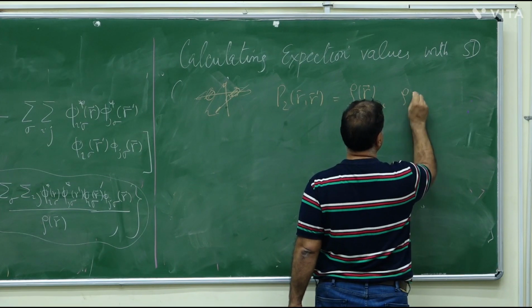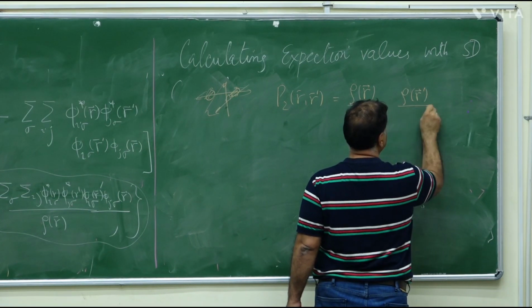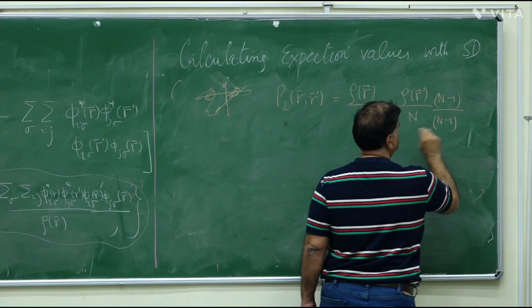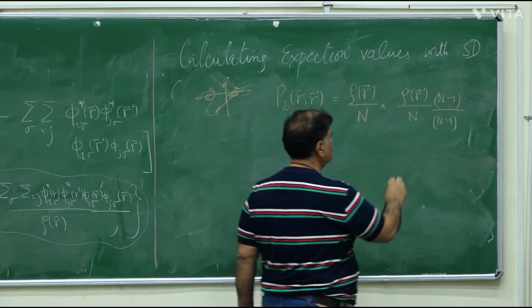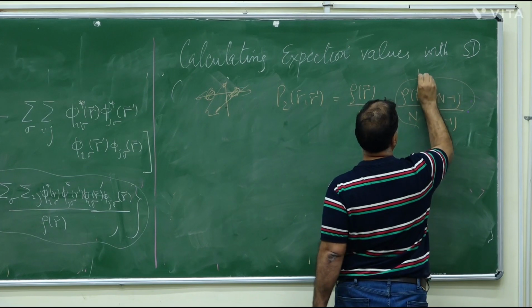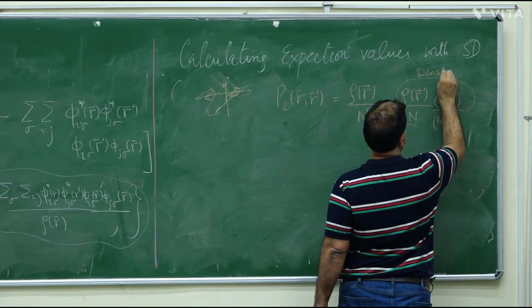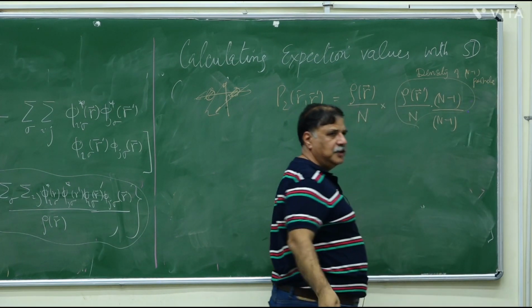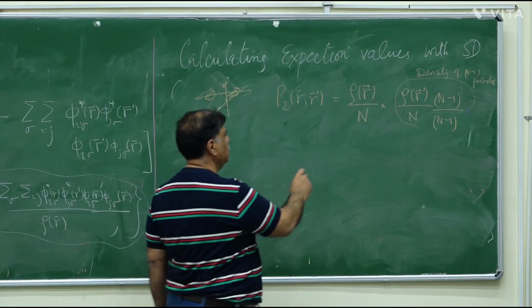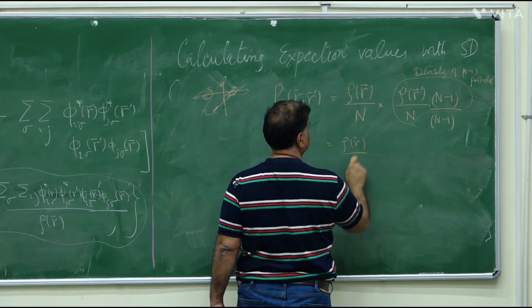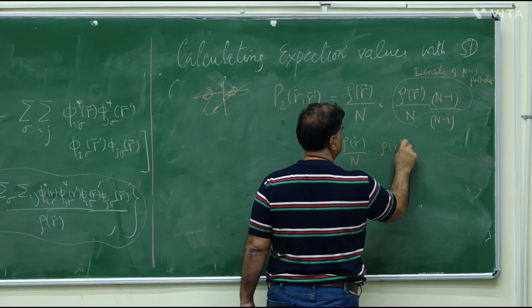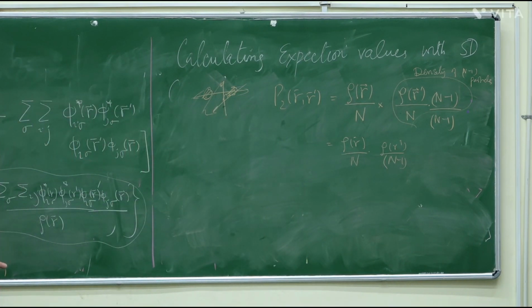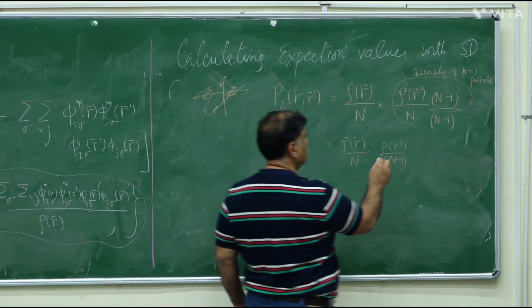So this would have been the density for n minus 1 particles divided by n times n minus 1 divided by n minus 1. Nothing is happening, right? Which would have been just rho r divided by n, rho r prime divided by n. Right?